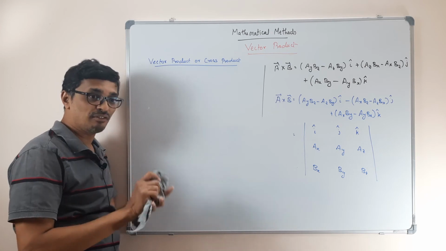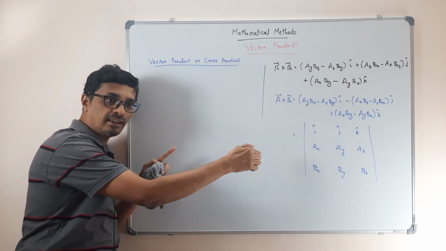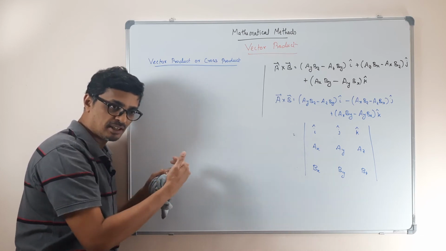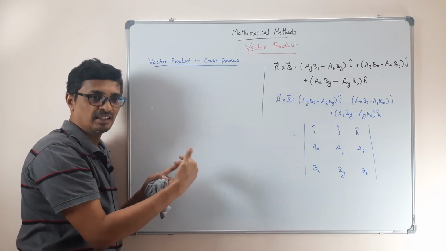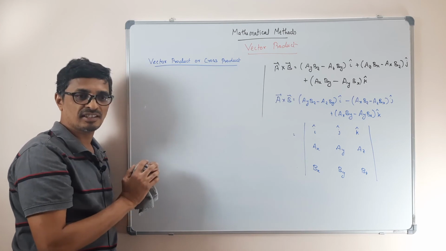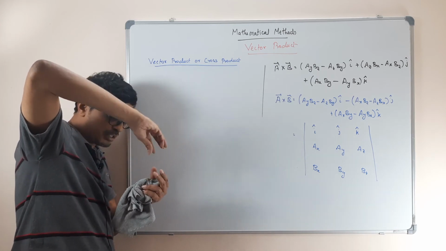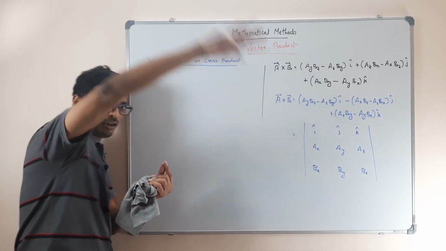When you say the distance traveled per second, that is called velocity. So velocity is what? Displacement by time, displacement per second. Same way, when I spin, for example, a top, the top is going to be there only. It's not going to run around here and there.